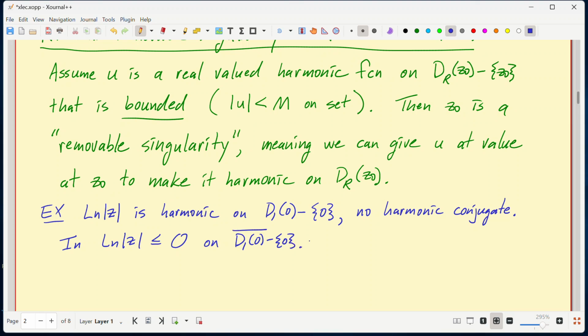And it blows down to minus infinity. The limit as mod z goes to 0 of log mod z is minus infinity. So that's something to keep in mind.